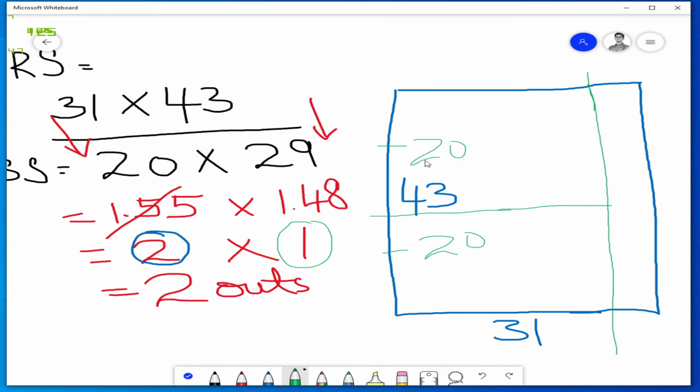So, 40. 20 campur 20, 40. So, ada baki berapa? 3. Okay, sini tadi berapa? 31 kan? So, sini jadi 29. So, 31 tolak 29 ada berapa? Jumlah dia berapa? 2.